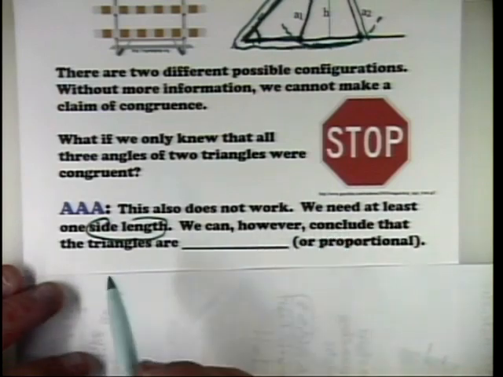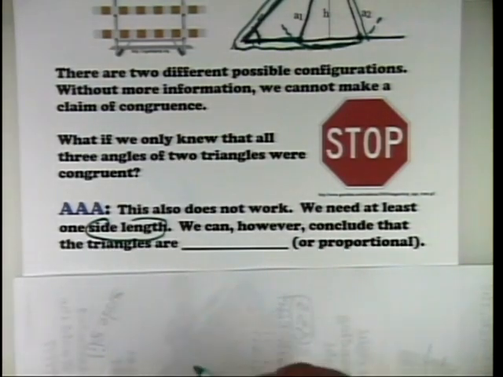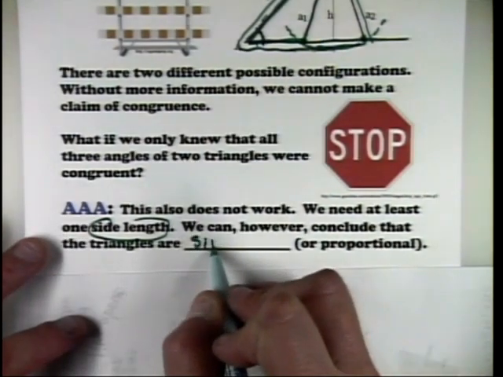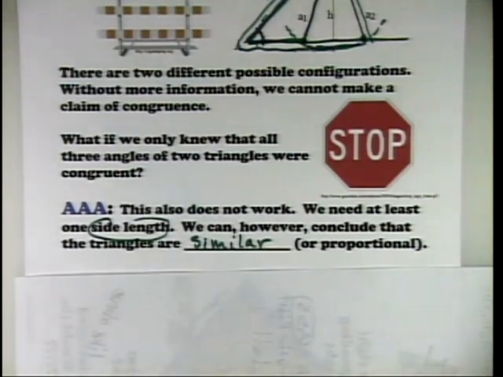We can, however, conclude that if all three angles are the same, the triangles are going to be similar. Okay? Now, similar means proportional, and that's going to come up in a later lesson. That's where corresponding parts are factors of each other, or multiples of each other. The two triangles are dilations of each other. Now, angle, angle, angle, they still could be congruent, but in general, they're not.